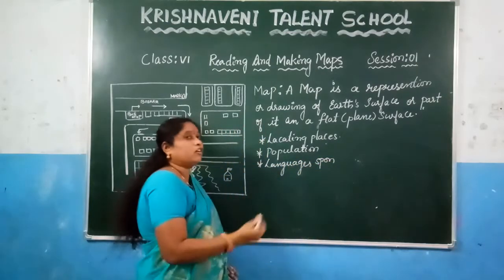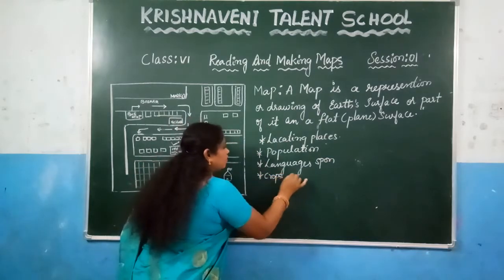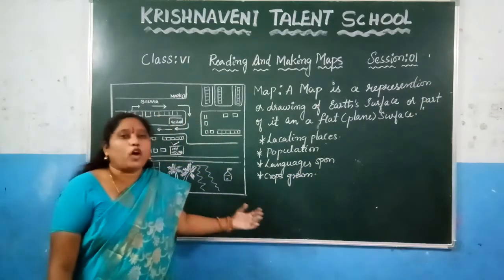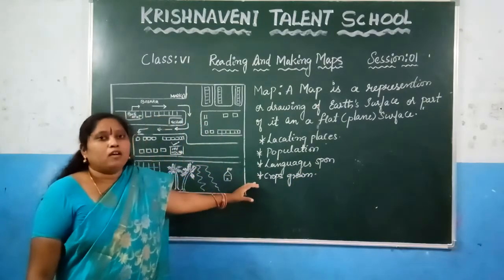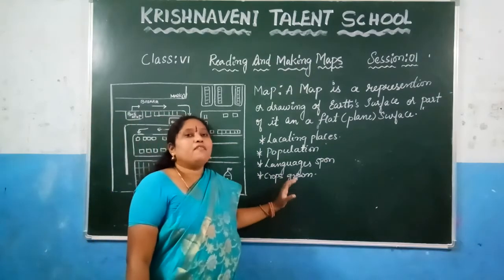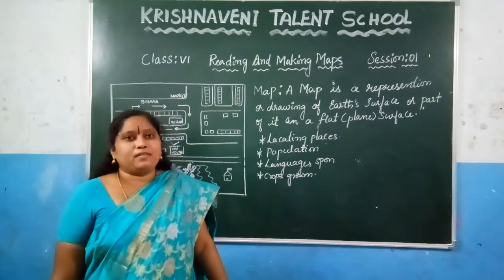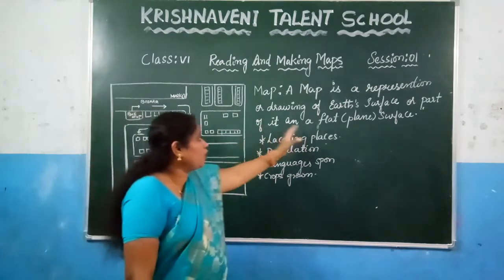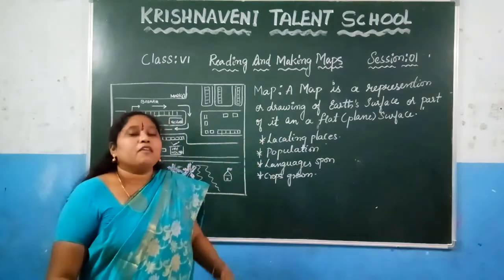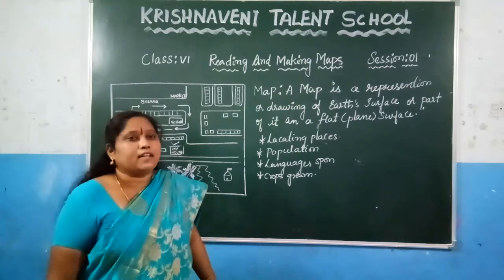We can also know the crops grown in a particular place, what kind of soil the place has, and what the rainfall distribution in that place is. We get every piece of information about a particular place with the help of maps. If we want information about all these things, we need different kinds of maps. Let us see some of the different kinds of maps.